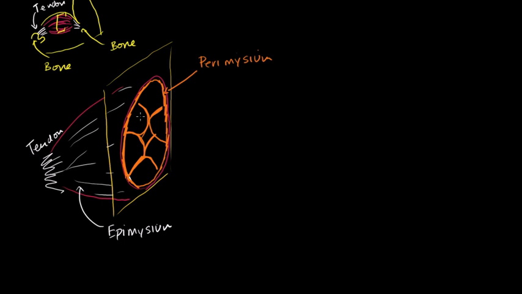And then each of these things that the perimysium is dividing off, let's say if we were to take one of these things and allow it to go a little bit further. If we were to pull this one out, just like that, you have the perimysium surrounding it, right?